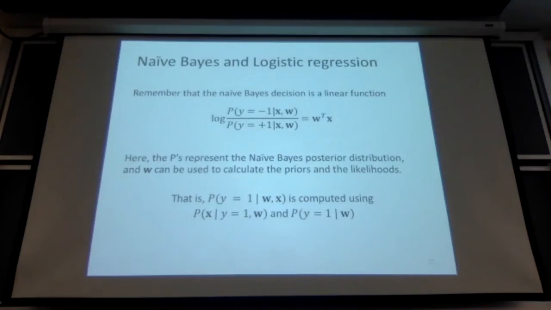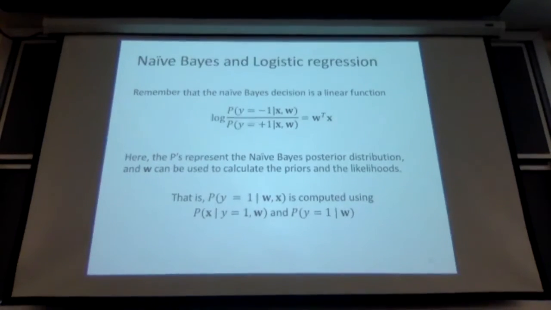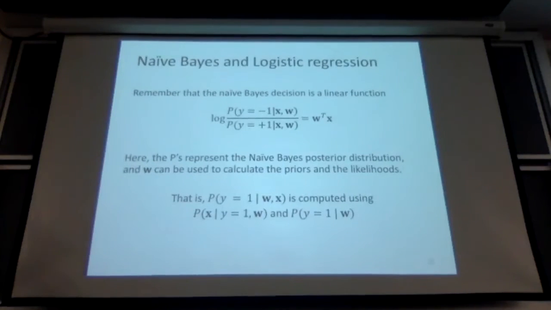I mentioned it without proof, but naive Bayes is a linear classifier. What I mean by that is the ratio of the posteriors is a linear function. If I take the ratio of P of y equals -1 given x divided by P of y equals +1 given x, and take the log of that, that's a linear function.